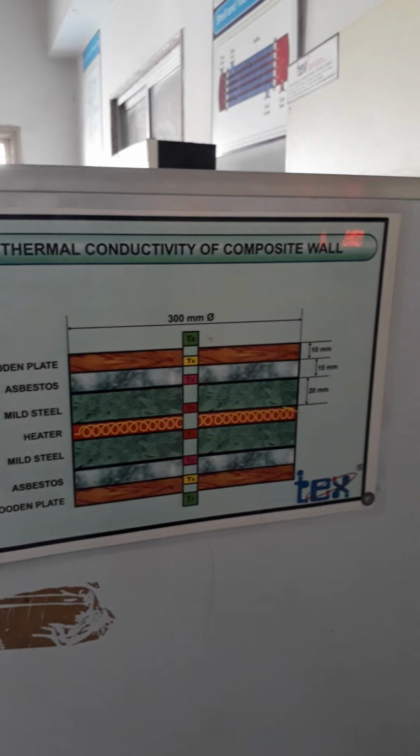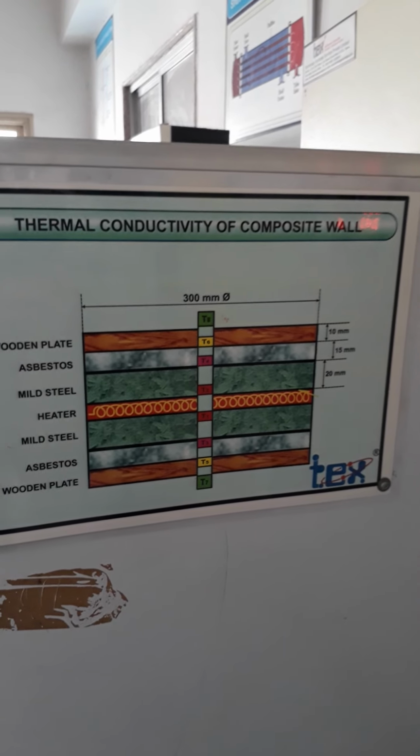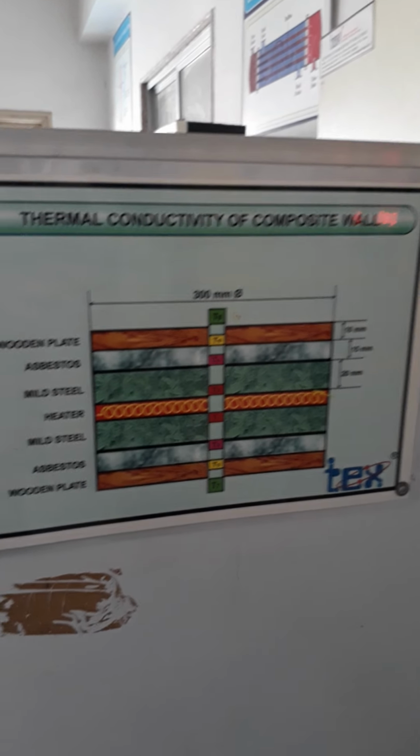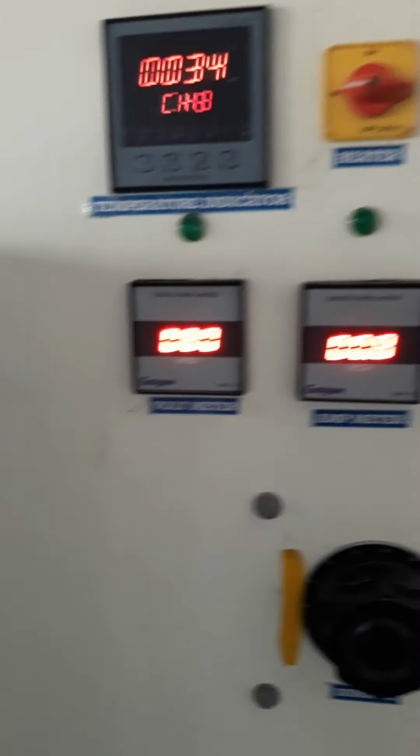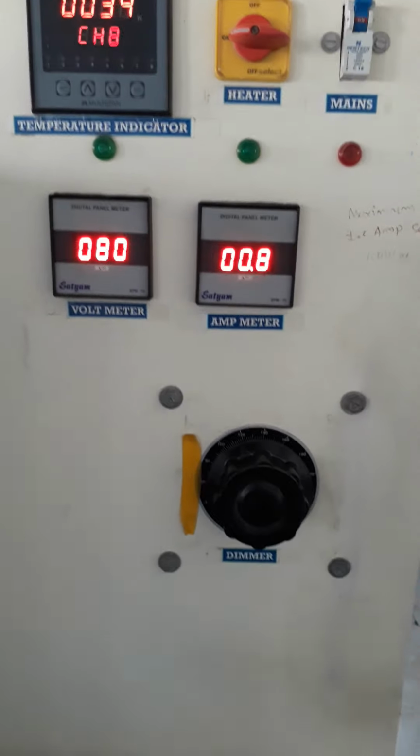Thermocouples are embedded at the interfaces of the slabs to read the interface temperatures. This is all about the description, how this apparatus works, and this is the structure of our composite wall.